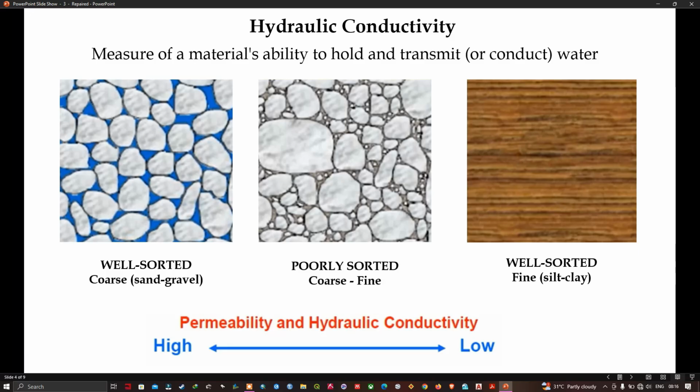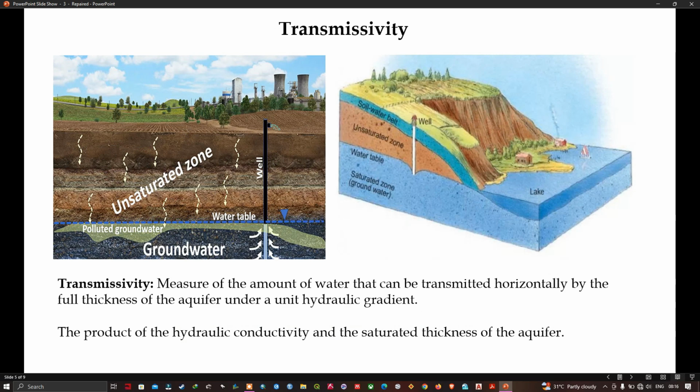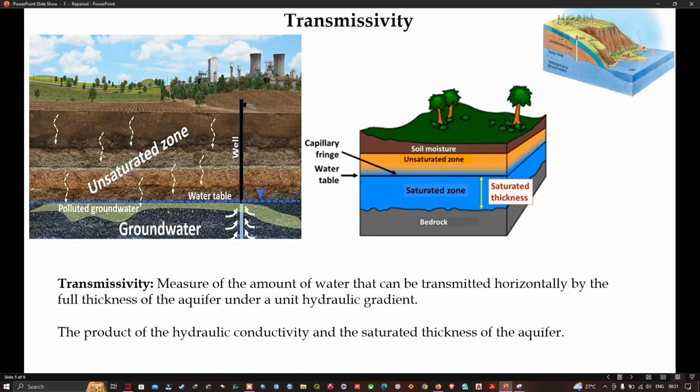Next we're going to talk about the transmissivity. The transmissivity is directly proportional to the hydraulic conductivity. Actually the transmissivity is hydraulic conductivity multiplied by the saturated thickness. So this is our saturated thickness.